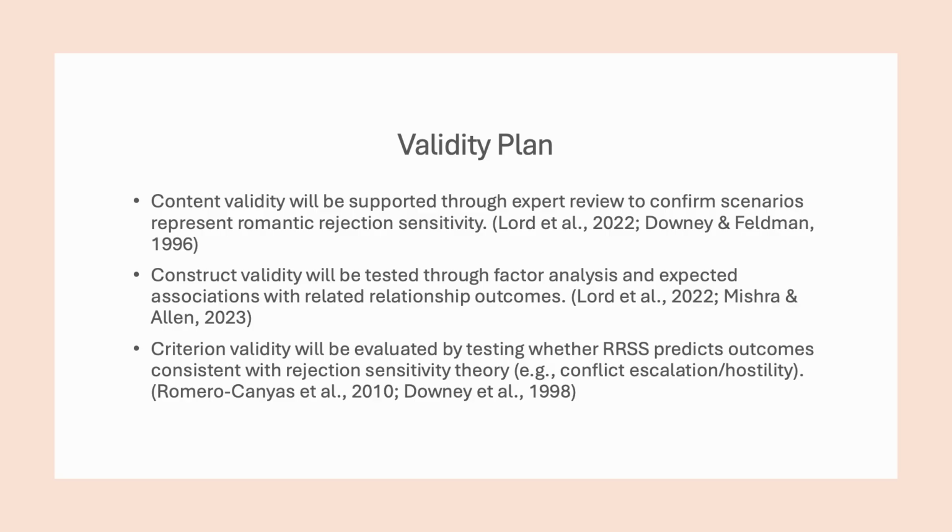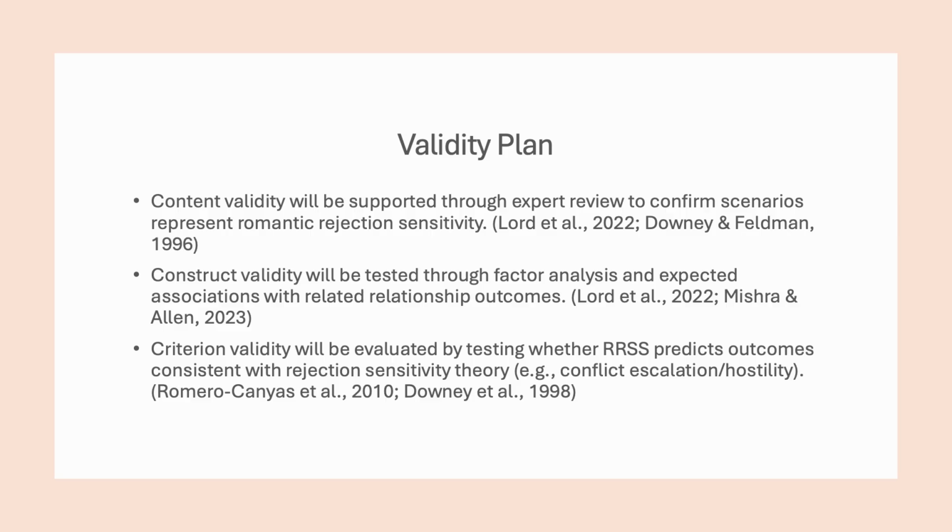This step ensures the measure covers the construct appropriately and doesn't drift into related concepts like jealousy, attachment anxiety, or general relationship dissatisfaction. Second, construct validity will be tested using factor analysis and by examining expected associations with related constructs and relationship outcomes.